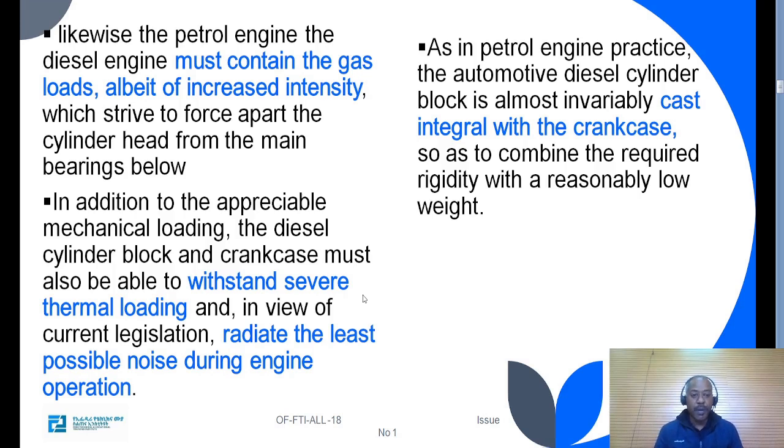As in petrol engine practice, the automotive diesel cylinder block is almost invariably cast integral with the crankcase, so as to combine the required rigidity with a reasonably low weight.